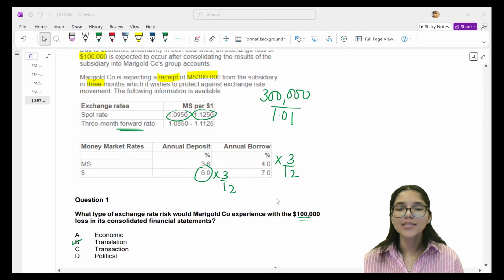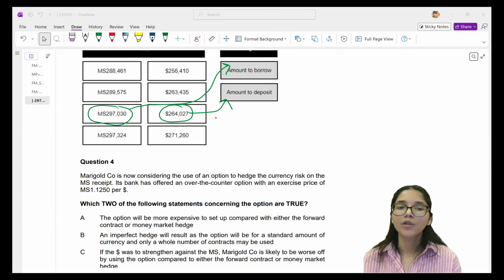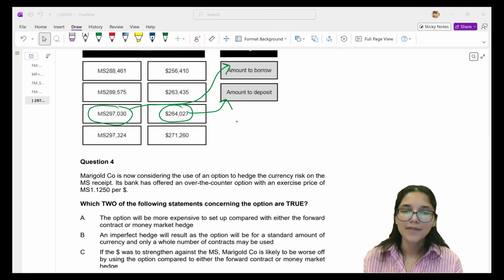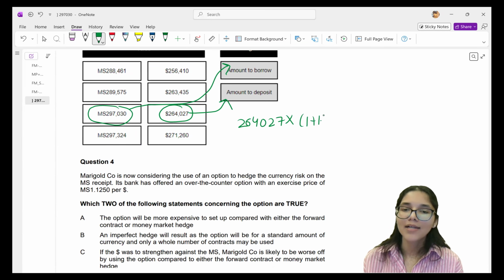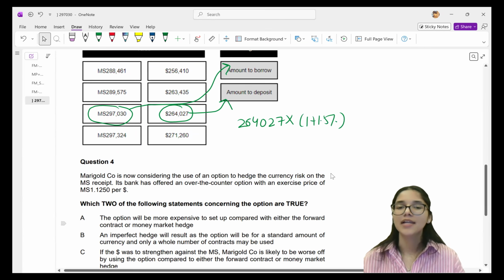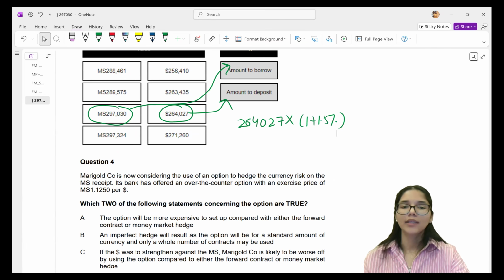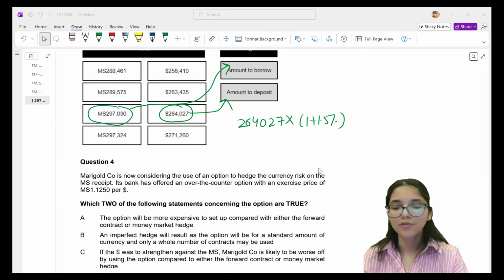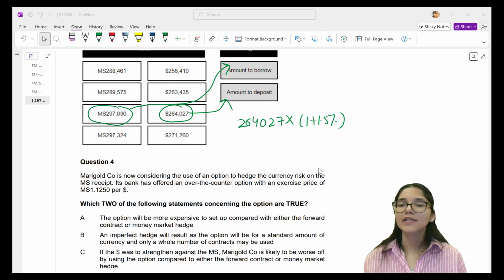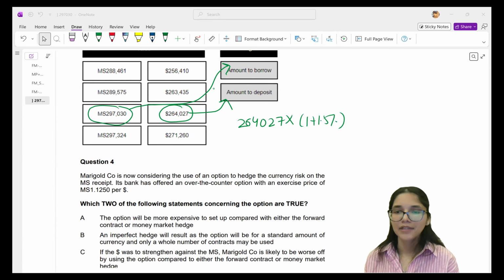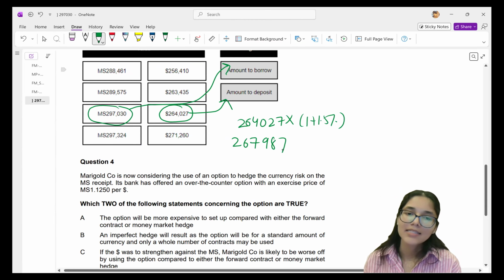So what you will do is you will take this number, 264,027, and multiply it by 1 plus 1.5%. So when you do that working, your final answer, 264,027 times 1.015, will lead you to 267,987.